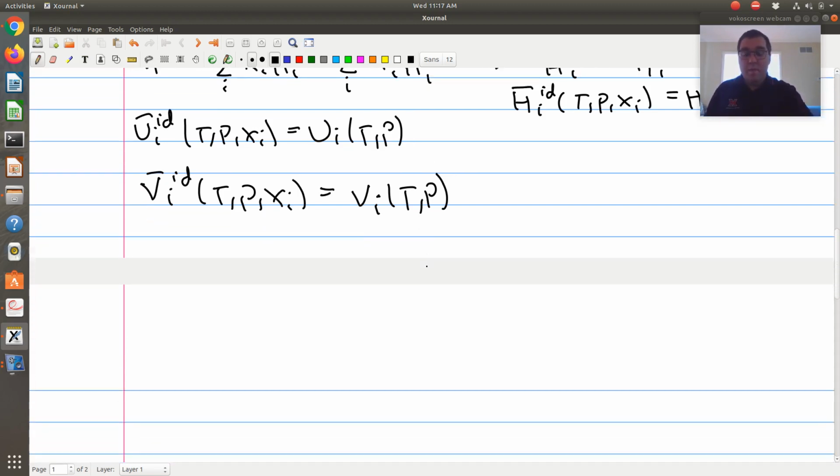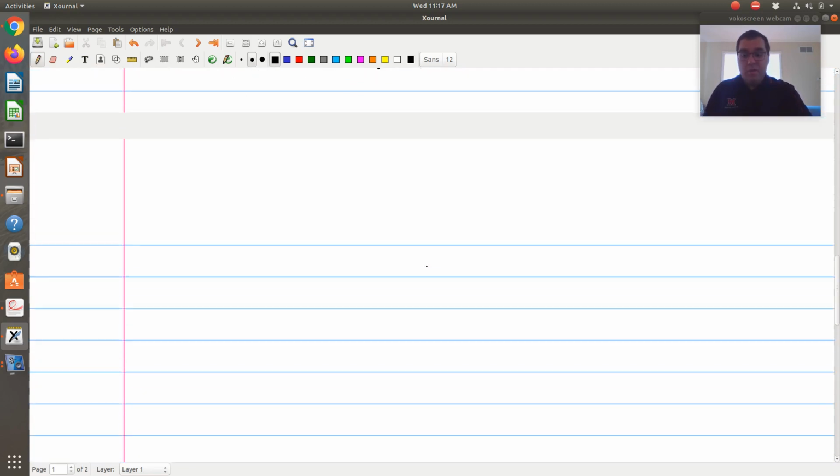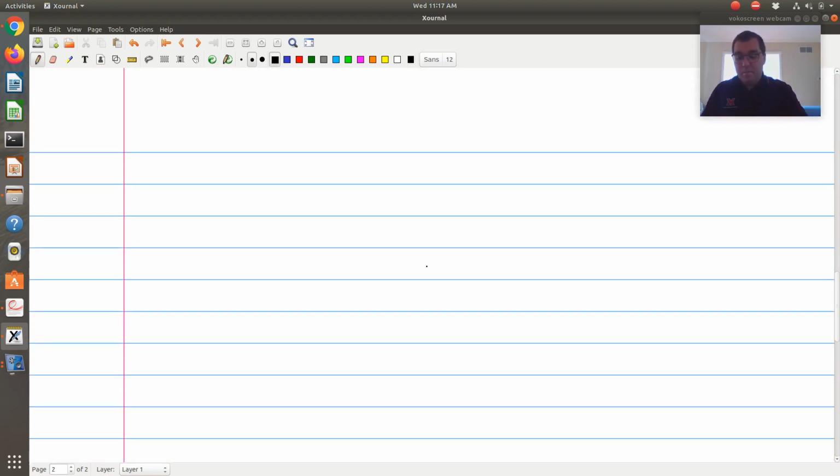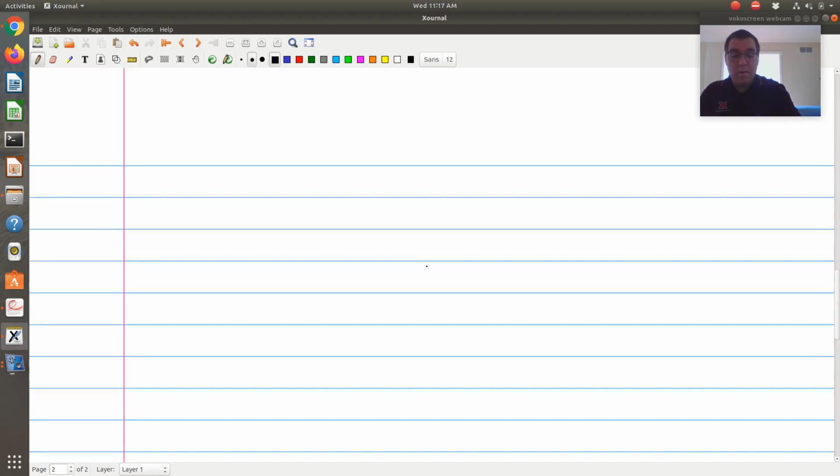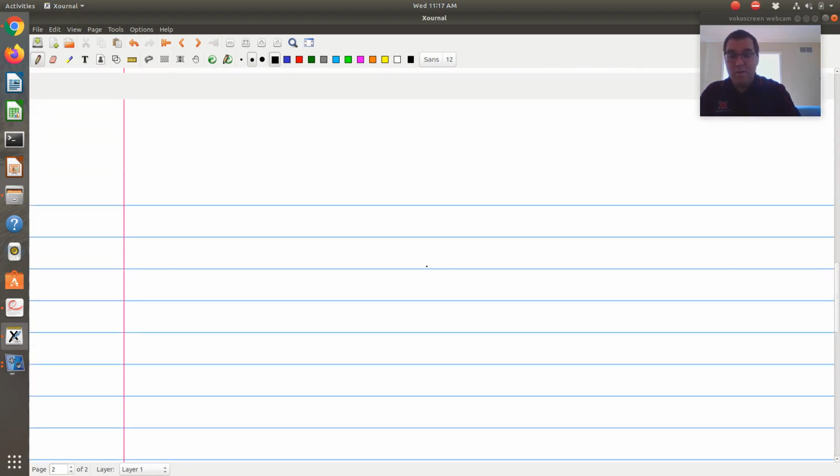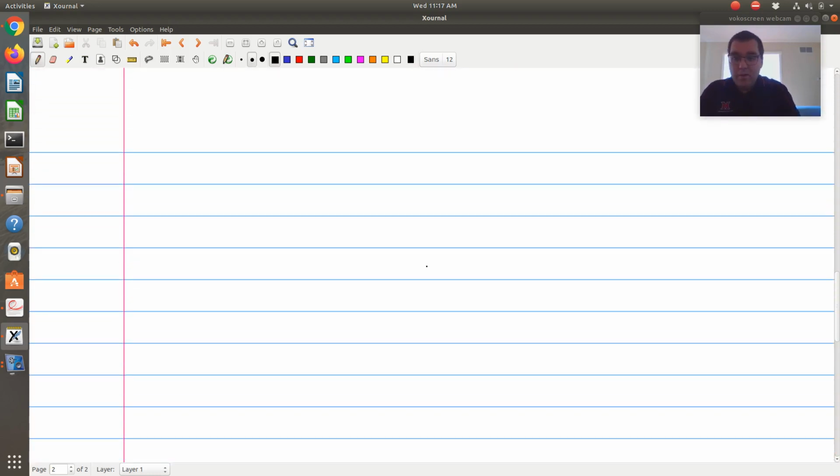Cool. Now things change a little bit for S and G. I put an ideal on there. So for entropy, the entropy of my ideal solution is the sum over i of x_i S_i, plus delta S of mixing, which is negative R times the sum over i of x_i log x_i.